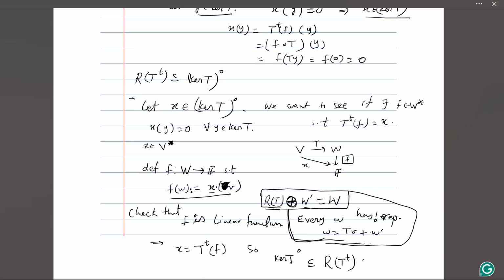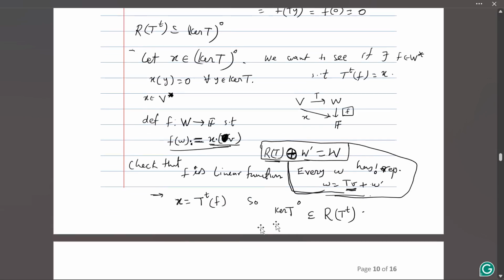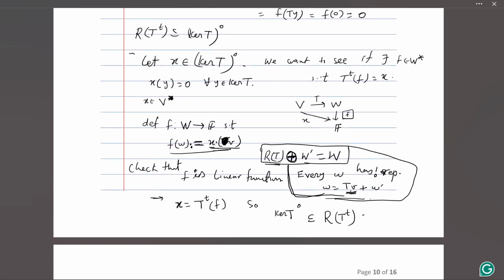There will be a little difference here because X is the annihilator of kernel T, so it will depend only on T of v. Okay, this is well defined. I'm writing it. It is well defined. This is well defined because X is in the annihilator of kernel T.